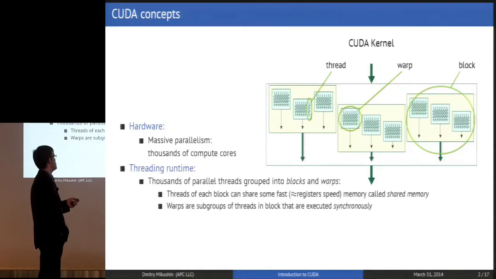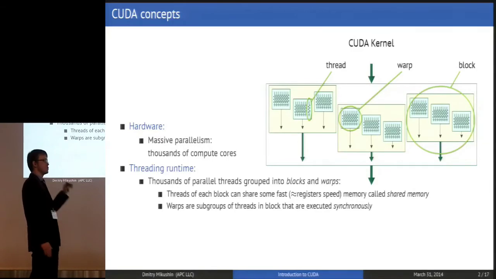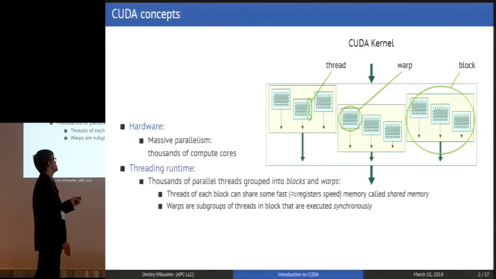So if we depict all these points here, we will see that in general we have a flow of threads that are executed on a single GPU. This flow of threads is first decomposed into blocks, where each block has warps, and each warp has threads.